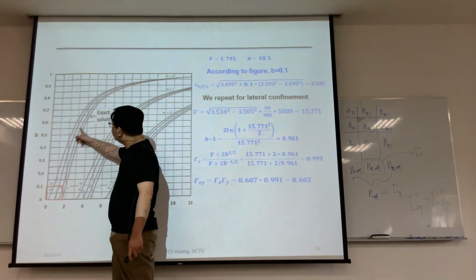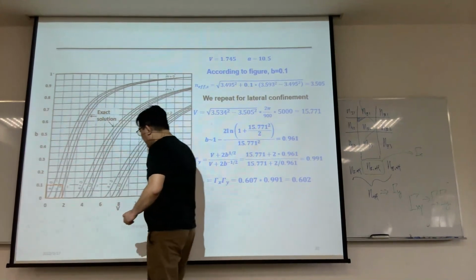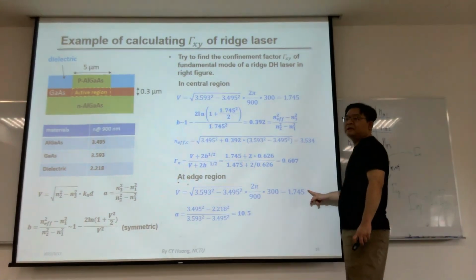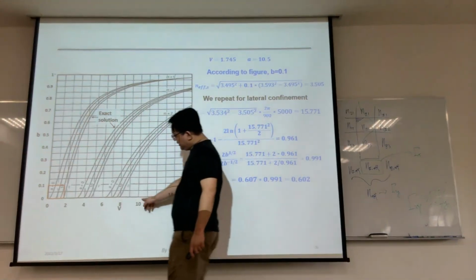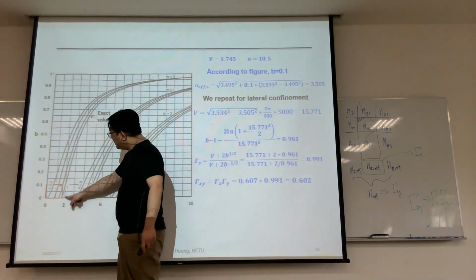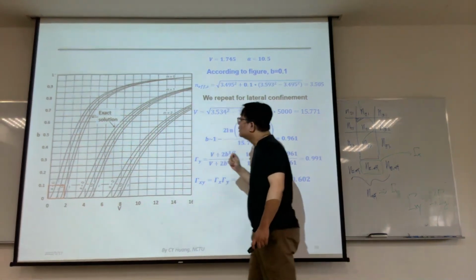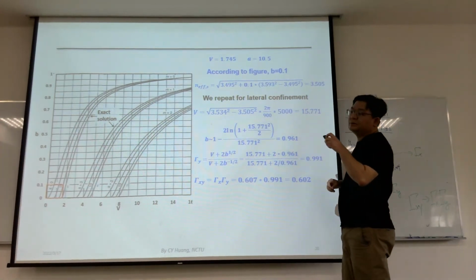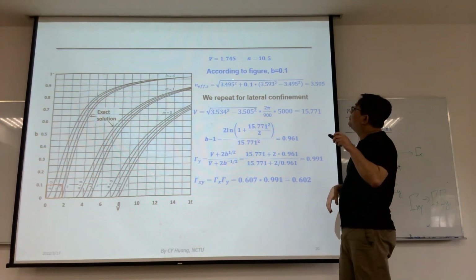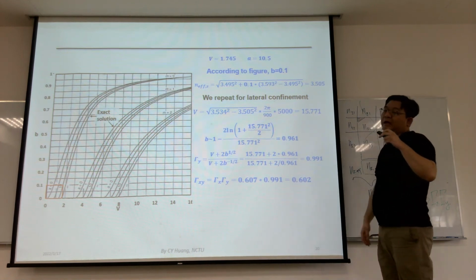So if we see the curve with a to be 10 and the V to be 1.75, according to the figure, b is around 0.1. Then we can calculate the effective index at the side to be 3.505.